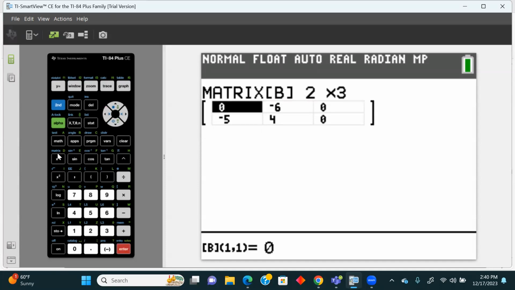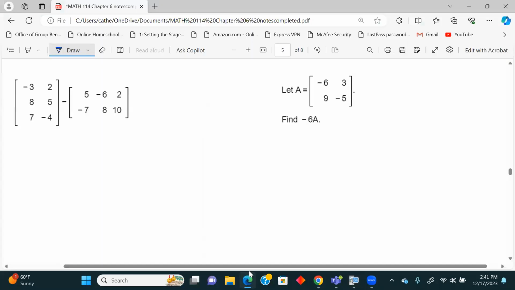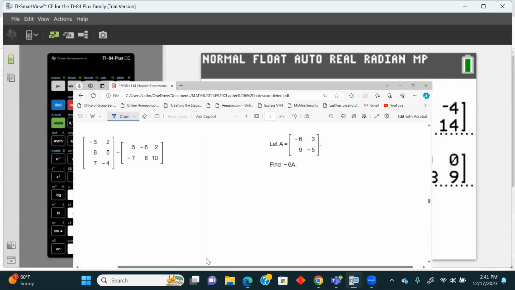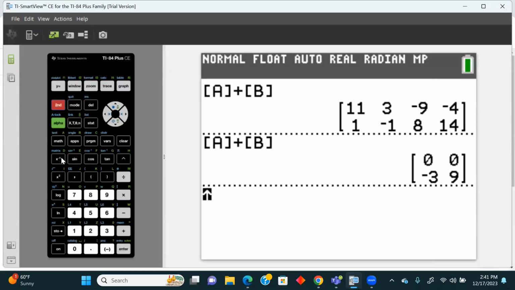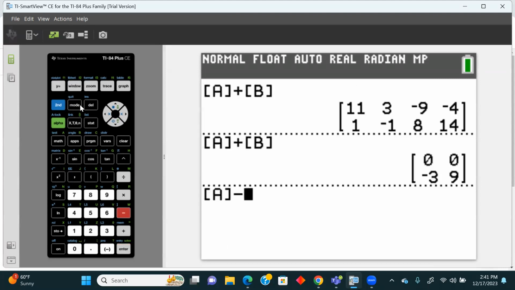There we go. This one, let's look at the paper again. It's the first one minus the second one. So we're doing A minus B.